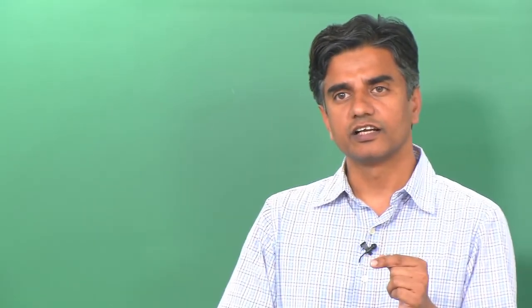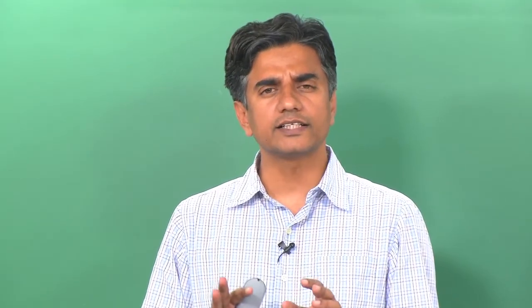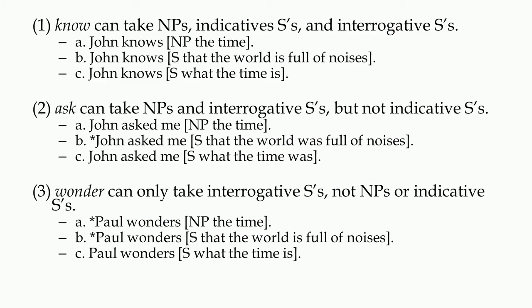However, such a restriction is further constrained, in the sense that certain times verbs require a particular type of object. So, for example, let us look at 3 examples on the screen that you have. The verb know, the verb ask and the verb wonder.